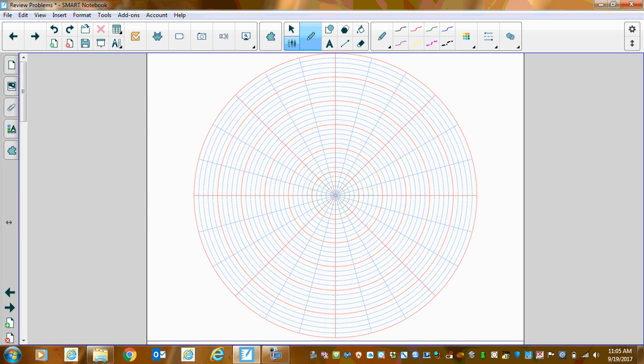Is it voltage or current? It's voltage. So we're going to put an arrow in here to indicate voltage. So this is voltage equals 240 volts, angle 0 degrees.